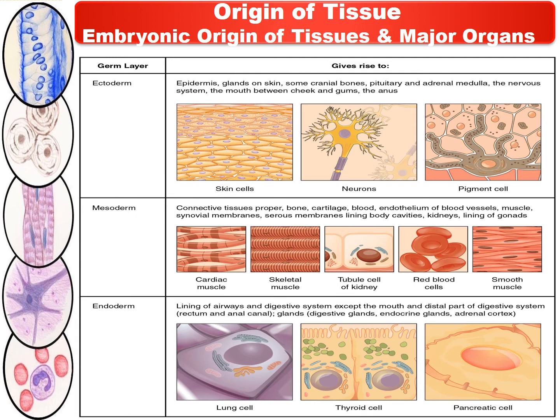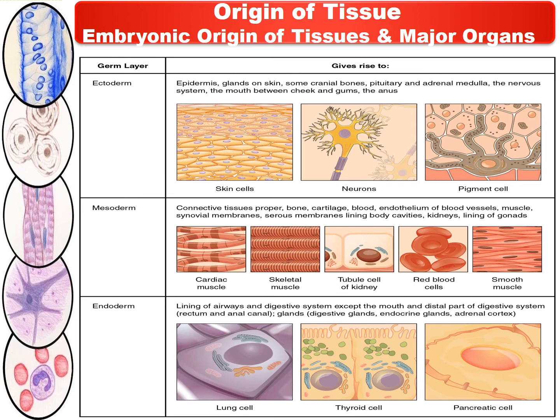Whereas the second germ layer, the mesoderm, gives rise to the connective tissues proper: bone, cartilage, blood, endothelium of blood vessels, muscle, synovial membrane, serous membrane lining body cavities, kidney and the linings of gonads. That means the mesoderm gives rise to cardiac muscle, skeletal muscle, tubule cells of kidney, red blood cells and smooth muscle.